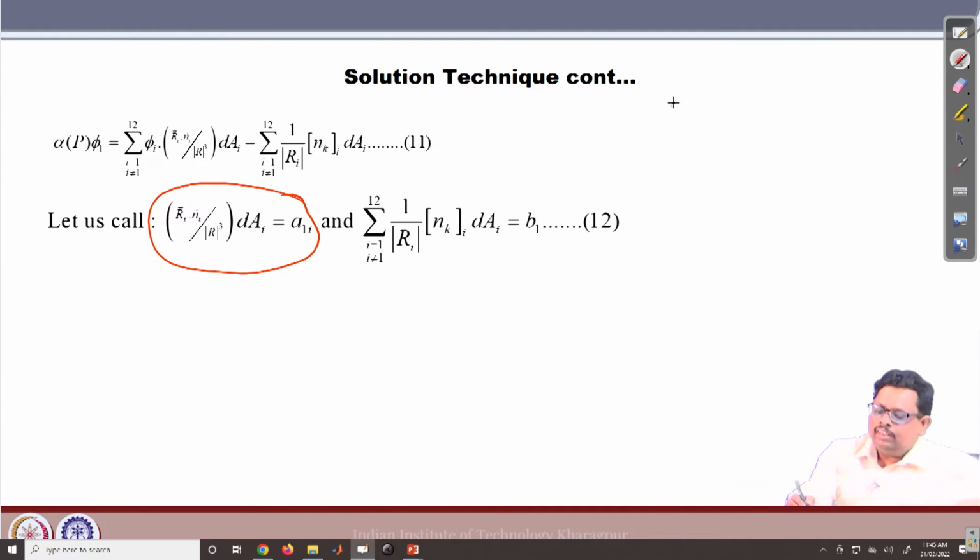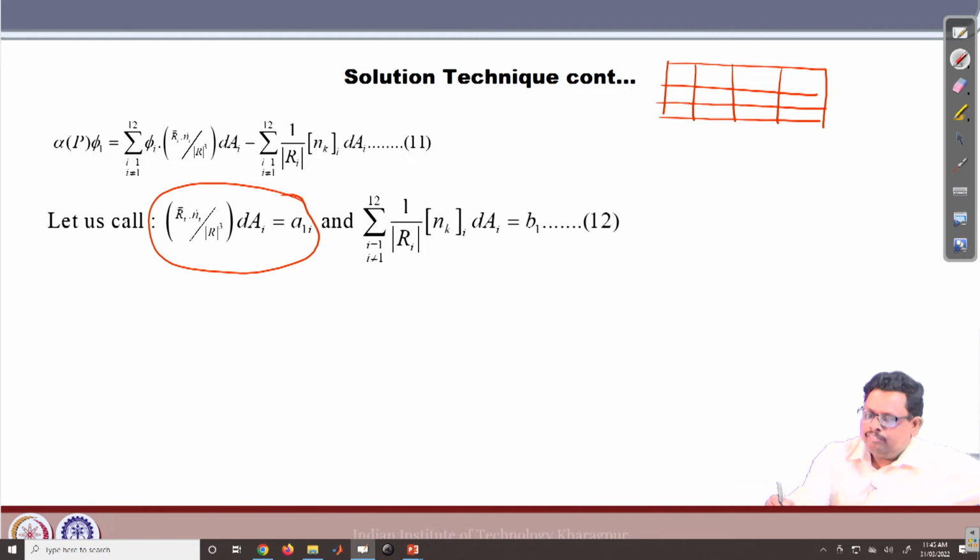Now, I am dealing with, let me draw this, the 12 panels. Now, I am going with the first panel, right. So, I put my source point, which is phi p, at the first point, remember.